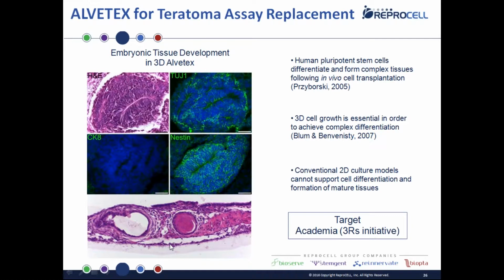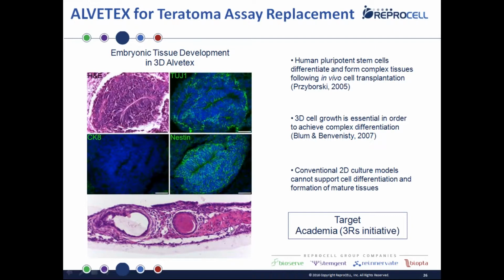You leave this aggregate here for quite a few more weeks to develop and to mature. And then you would do your staining. And you can see from these pictures the complexity of the tissue you're getting. This is a very nice picture of neural tissue. And here you can see how you've got different tissue types developing, and this is all in vitro, and you don't have any need for an animal there.